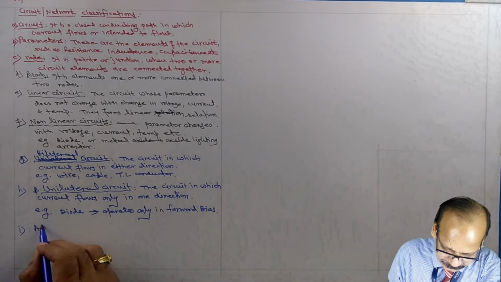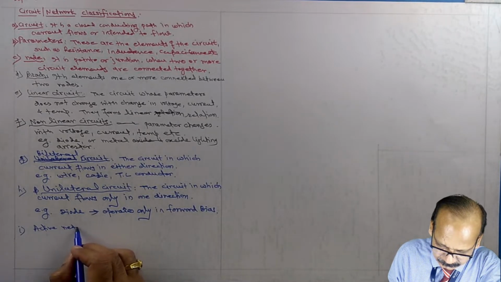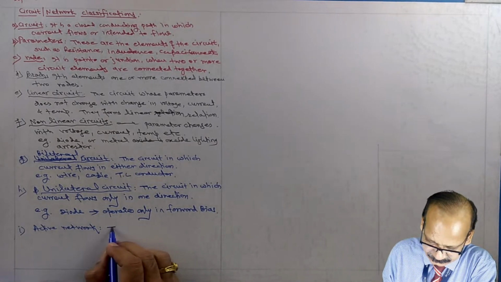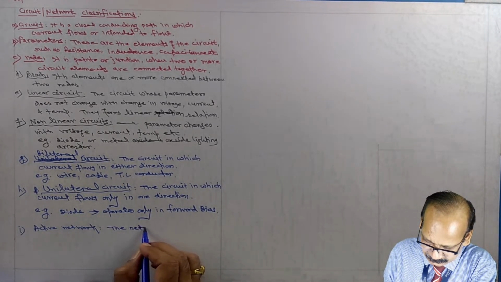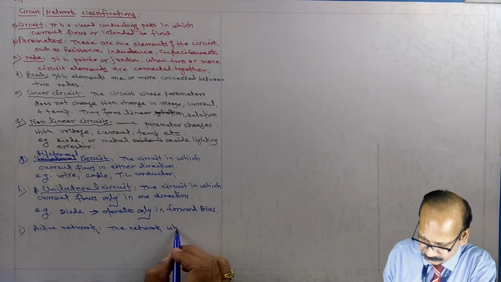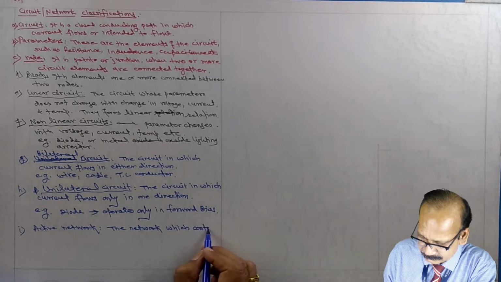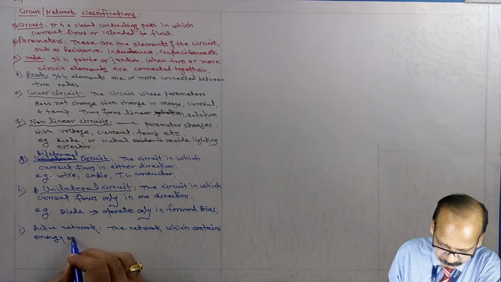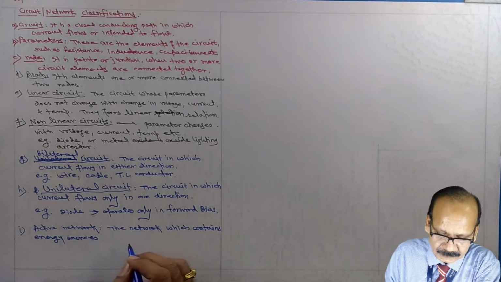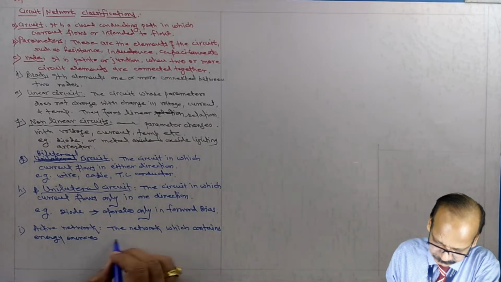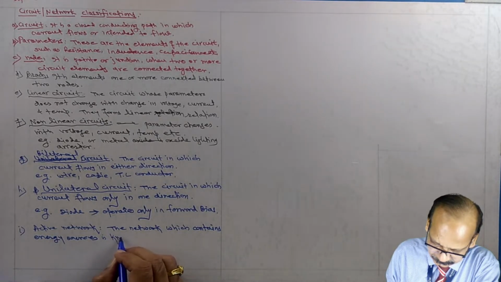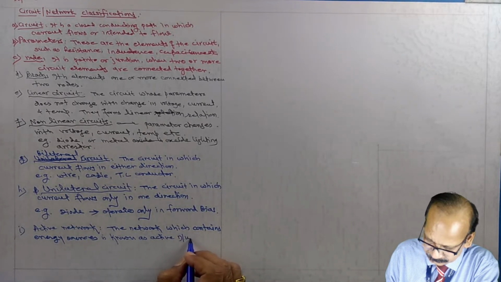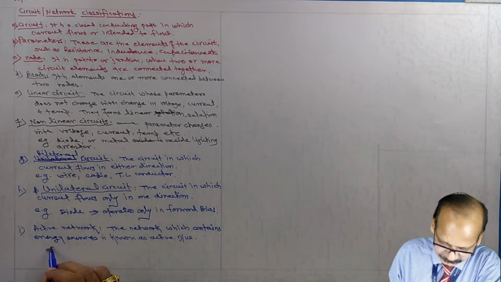An active network is a network which contains energy sources.